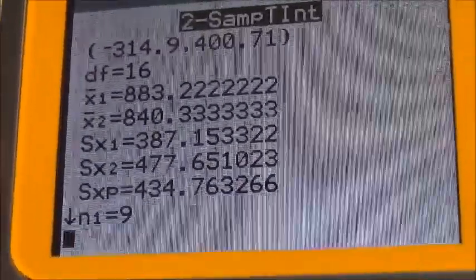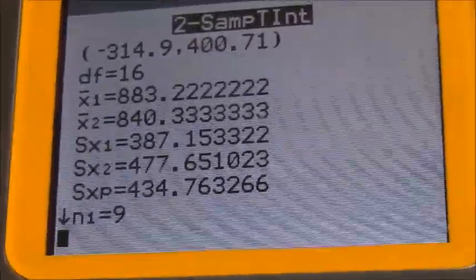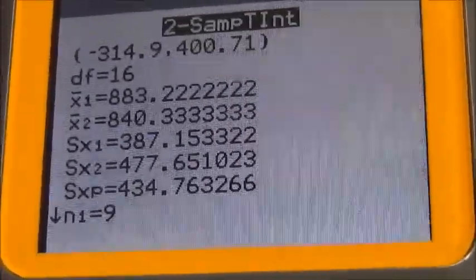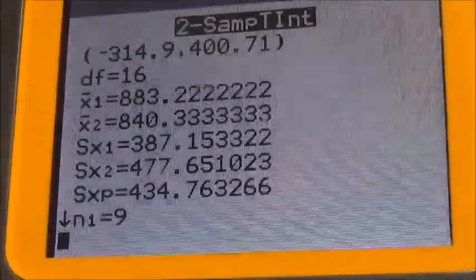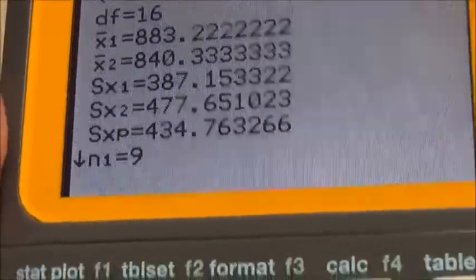So in this case, the null would be that the two things are equal. The alternative claim would be that they're not equal. So in this case, we are not going to reject the null, so we are going to say they're equal. So can we say there's a difference? No, we cannot say there's a significant difference between those values. And that would be our conclusion.